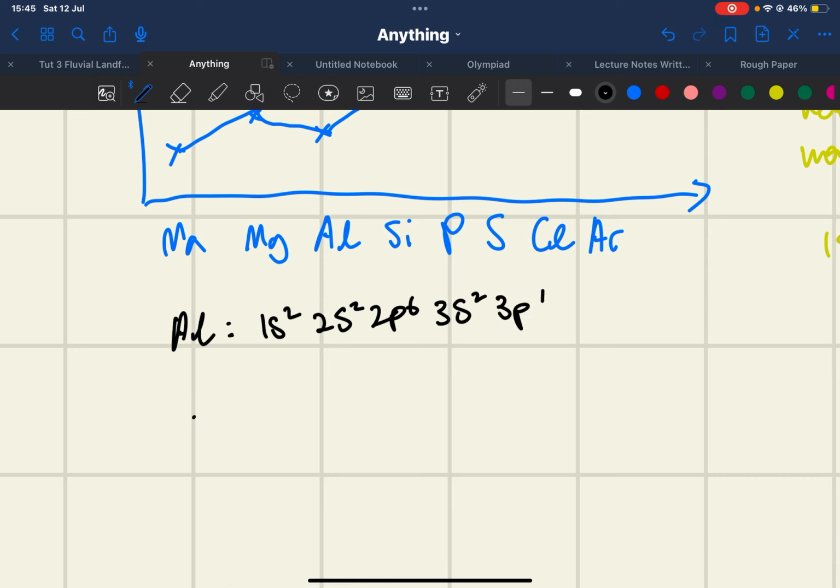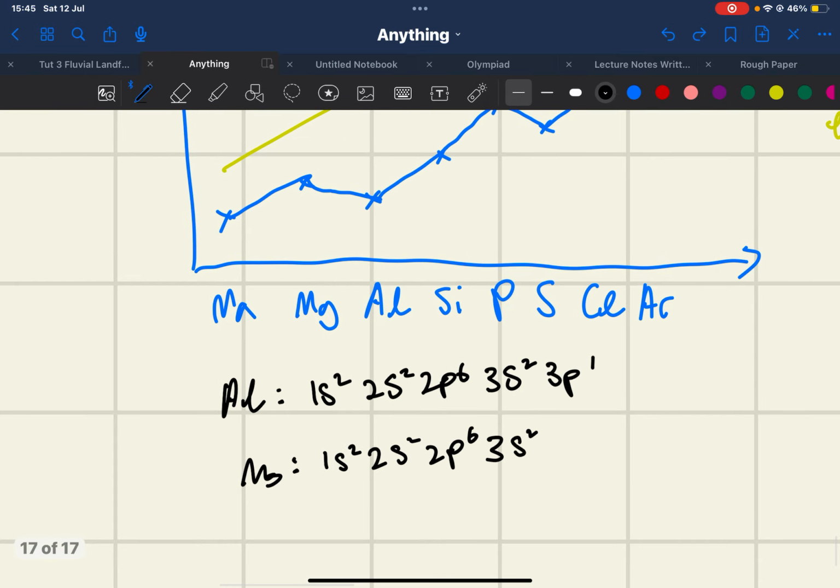Magnesium is 1s2, 2s2, 2p6, 3s2, and there's no 3p. So the reason is because lesser energy is needed to remove a 3p electron from a higher energy level 3p orbital.